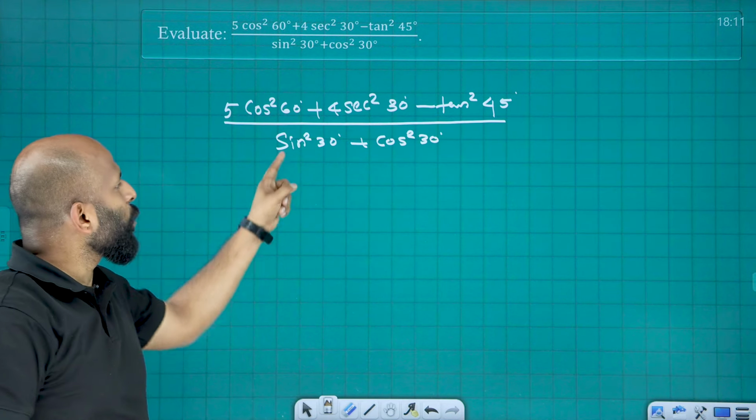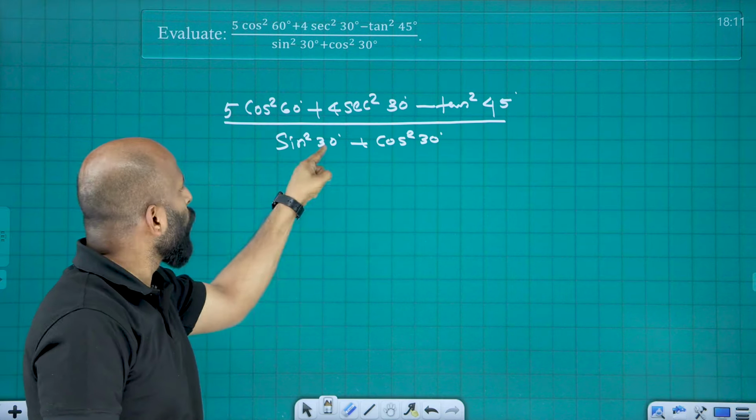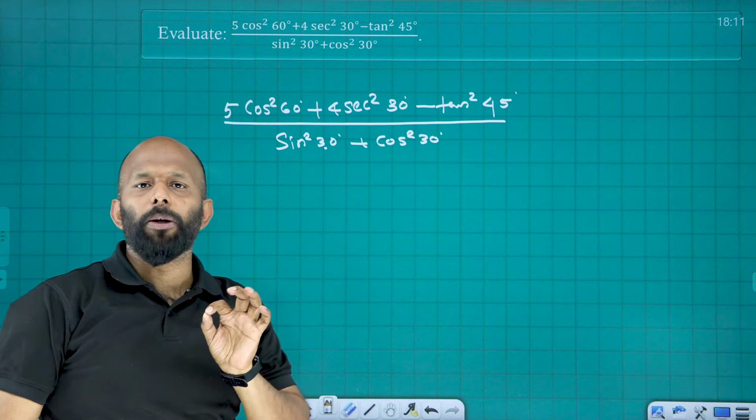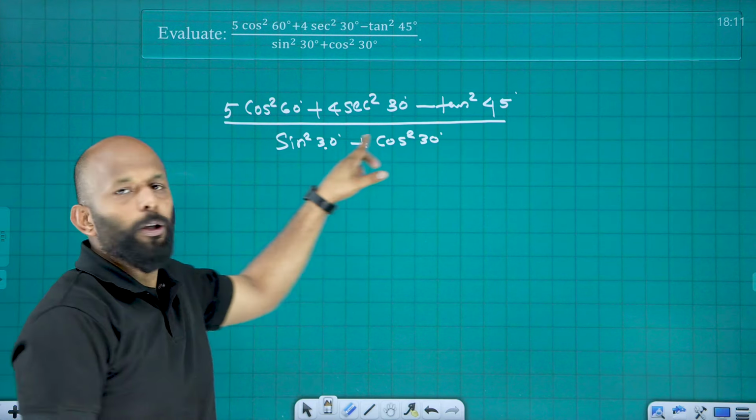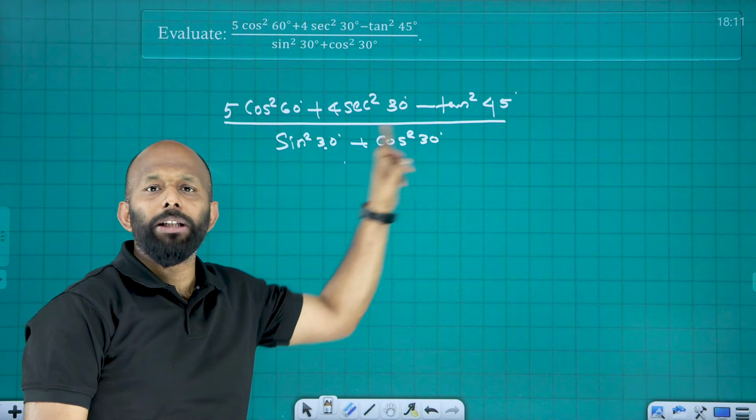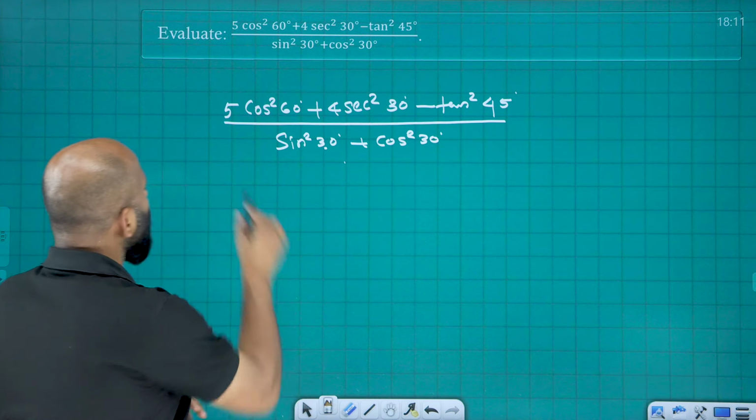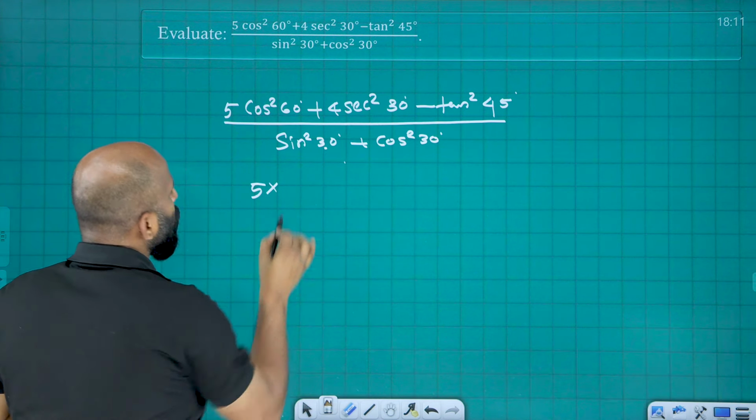We know that sin square theta plus cos square theta is 1, as both angles are the same. Here sin square 30 degree plus cos square 30 degree, both the angles are the same. So the denominator is 1.